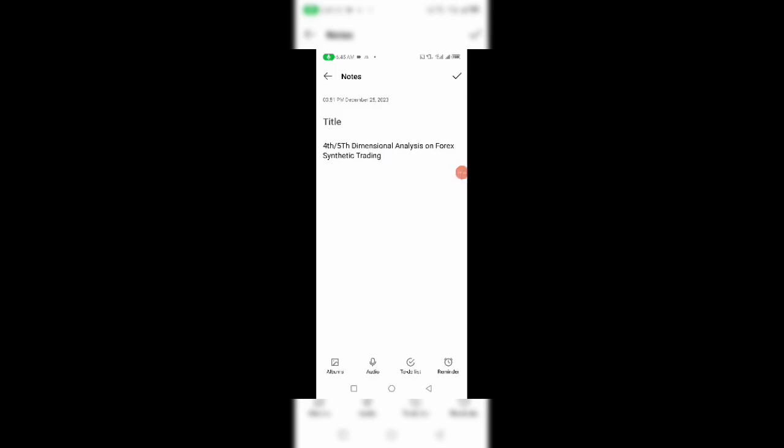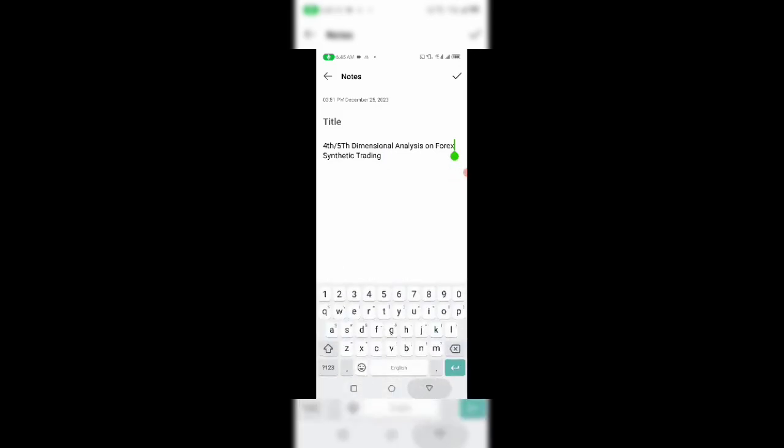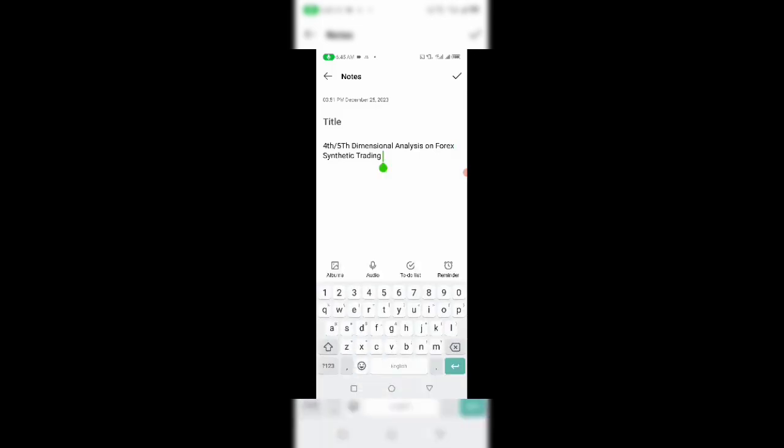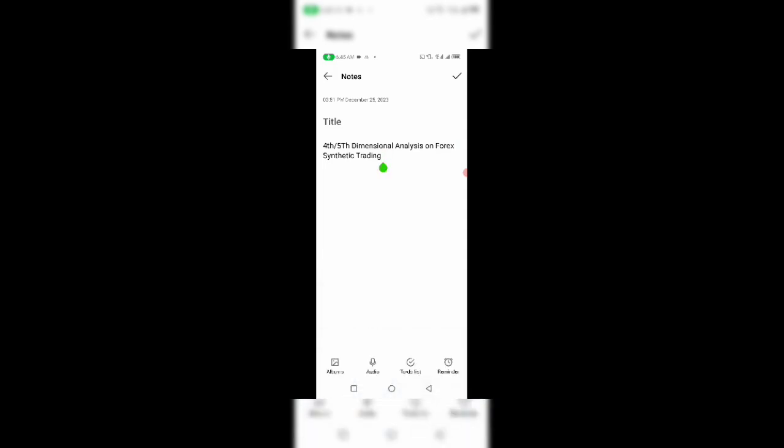Even when you do not have the time and what it takes to go to the higher time frames, you can use this fourth and fifth dimension and still be consistent. Okay, now I'm going to show you this practically when I get you back to MT5.